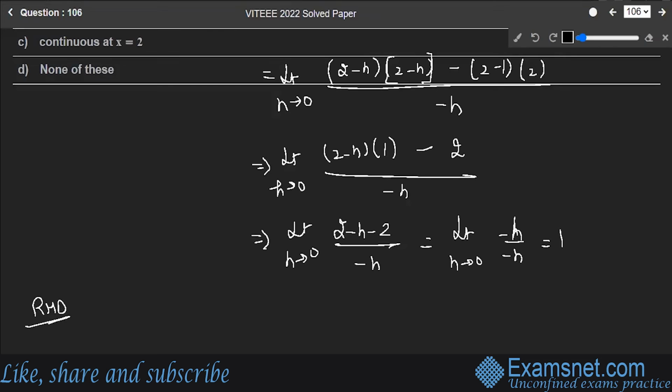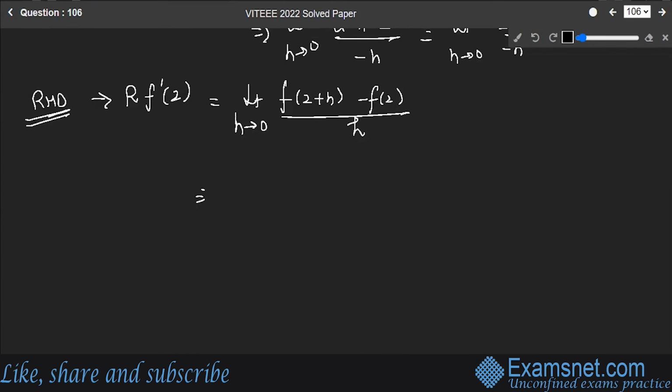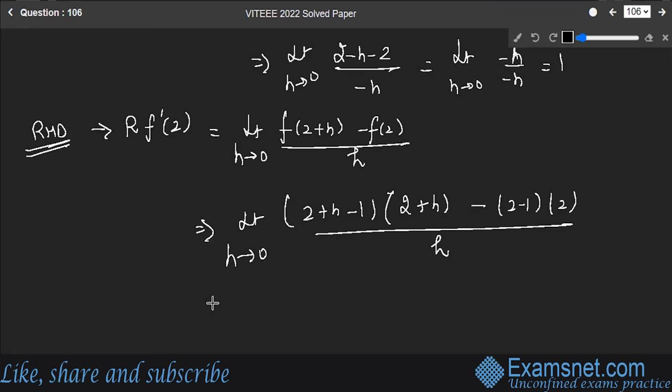So here you have the right hand derivative. The right hand derivative f'(2) is given by the limit h approaching 0 of f(2 plus h) minus f(2) upon h. This is the limit of (2 plus h minus 1) into (2 plus h minus 2) minus 1 into 2, whole divided by h.